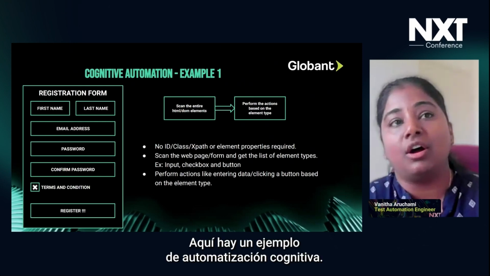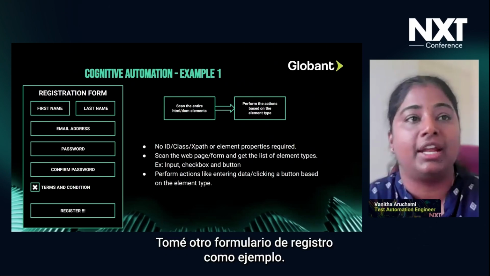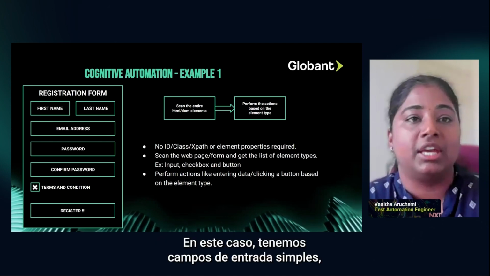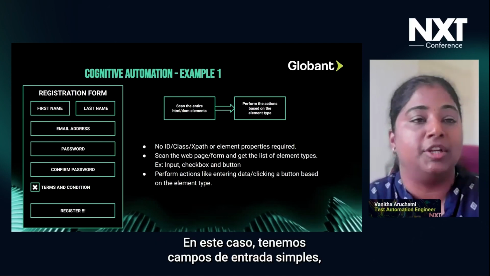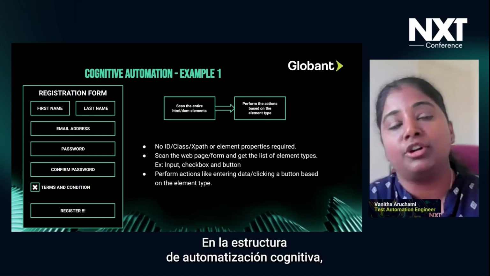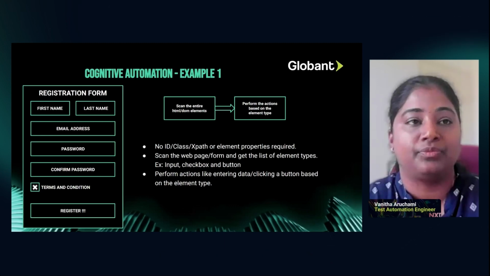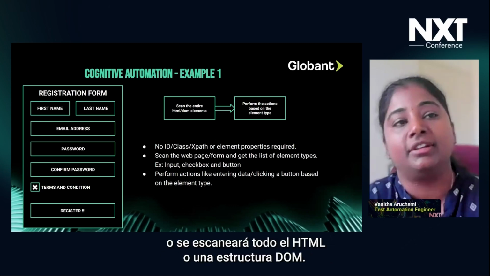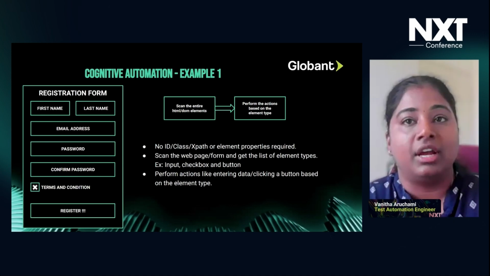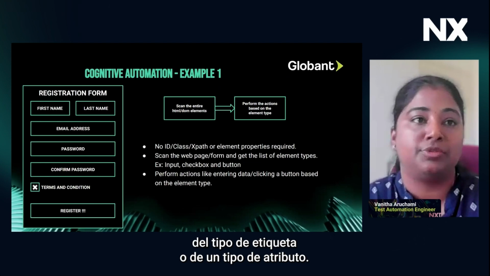So here is an example of cognitive automation. I took a registration form as an example. In this case, we have the simple input fields, checkbox and button. In the cognitive automation framework, the entire form, or the entire HTML or DOM structure, will be scanned, and the action will be performed based on the tag type or attribute type.